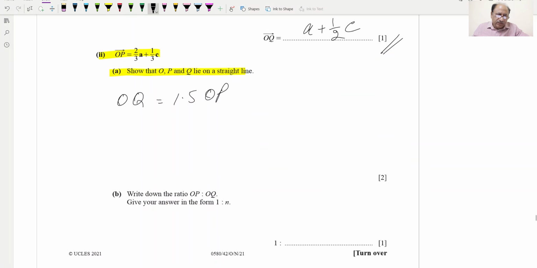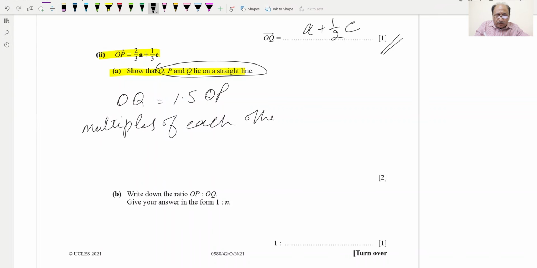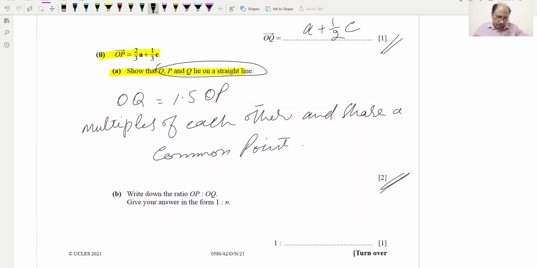So we can write that they are multiples of each other and share a common point. That's all. This is a 2 mark question.